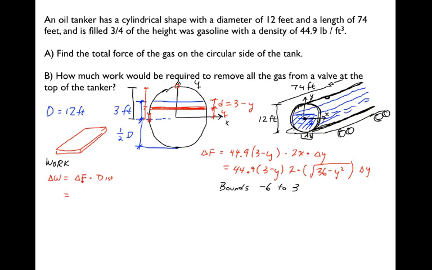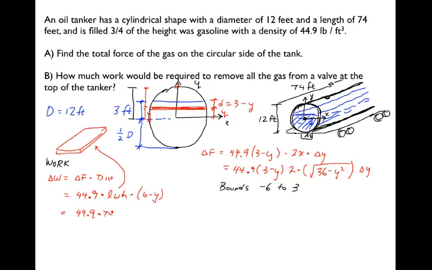So the force is its weight. What's the weight? Weight density times volume. Length times width times height. We just said the distance was 6 minus y. Length times width times height of the typical slice. What's the length of it? 74.